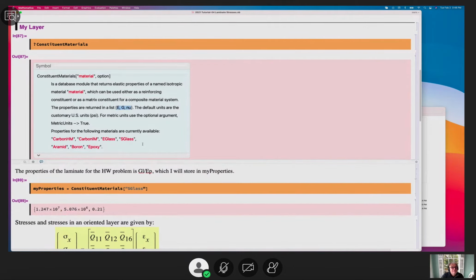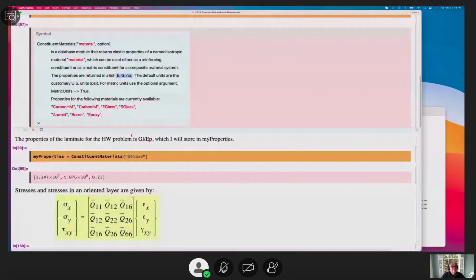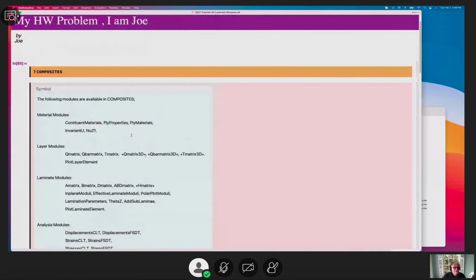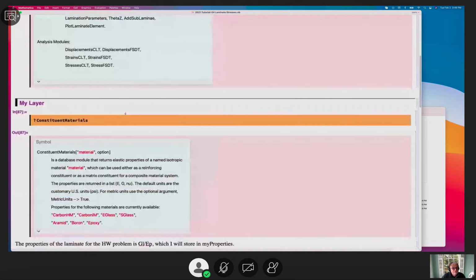If it is return, it will give me... Oh, this is not the... This is still the apply property. Constituent materials, apply properties, apply materials. Let's see, what am I looking for?